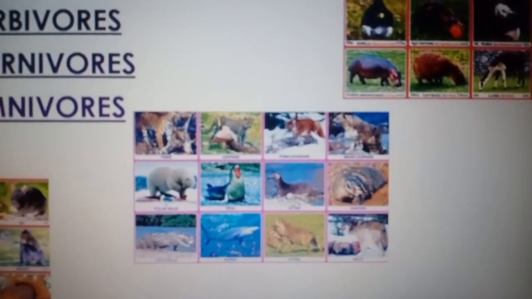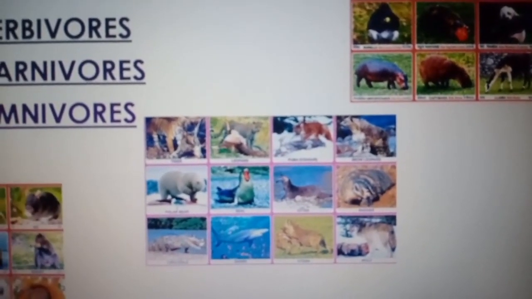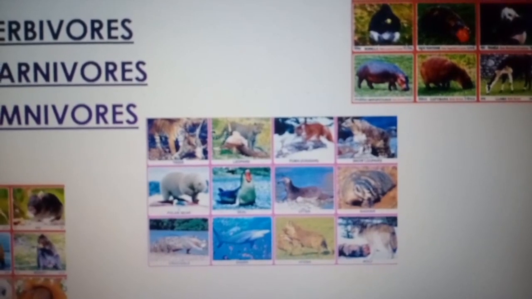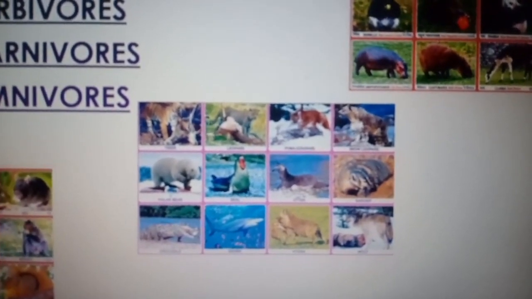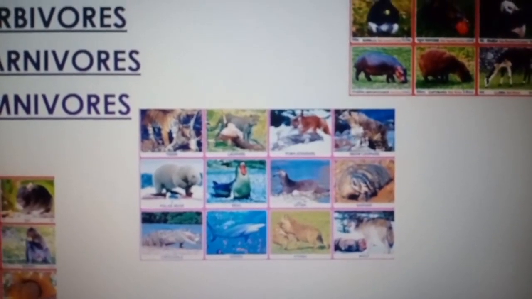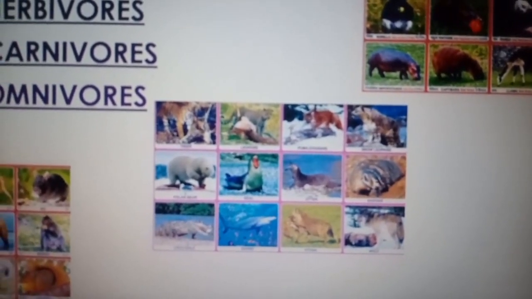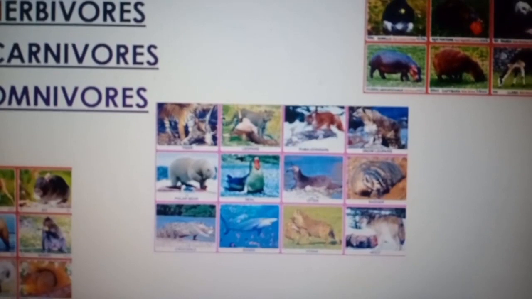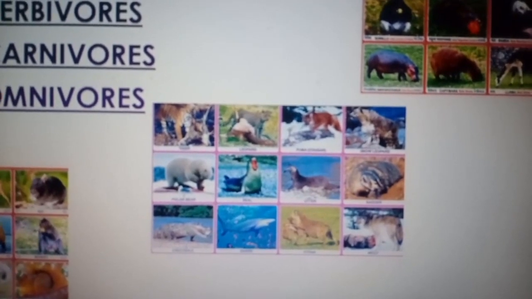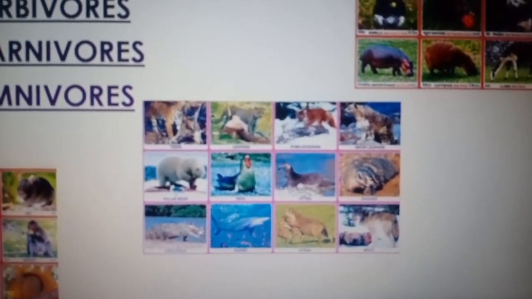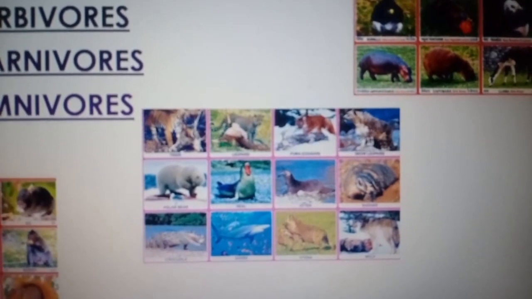So they have sharp, pointed and curved front teeth, so that they can easily tear off other organisms' flesh. And also they have very strong grinding teeth, so that they can easily chew even the bones of other organisms.